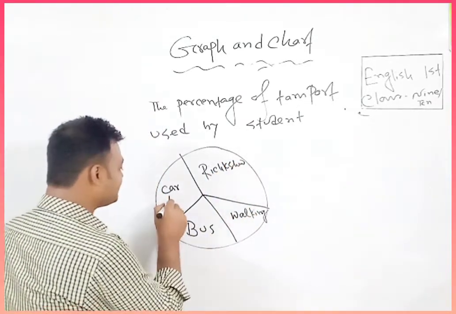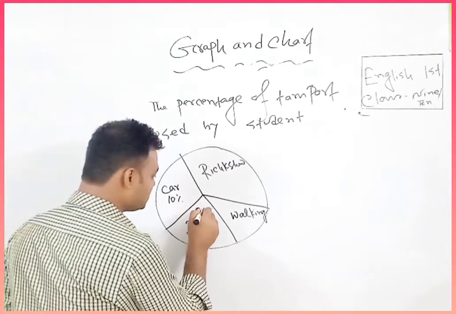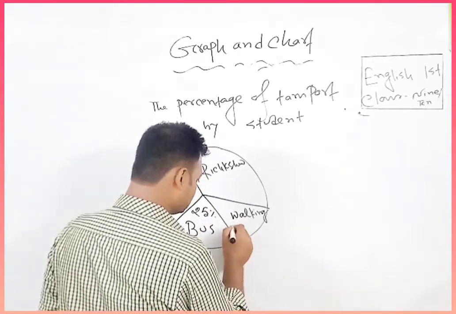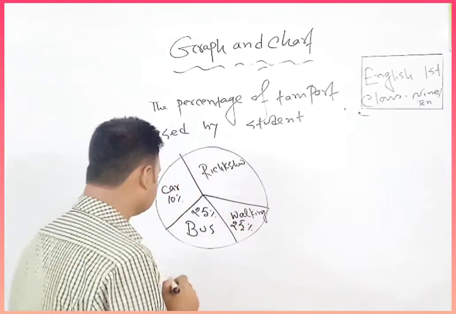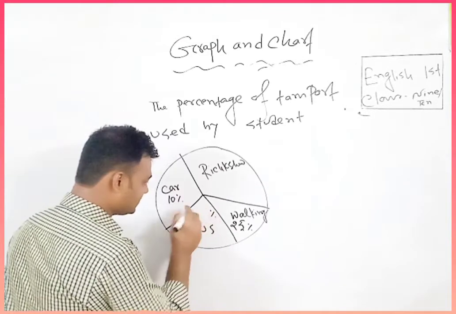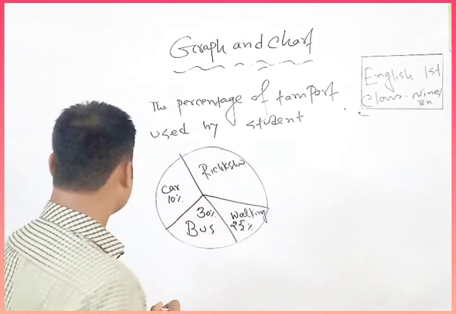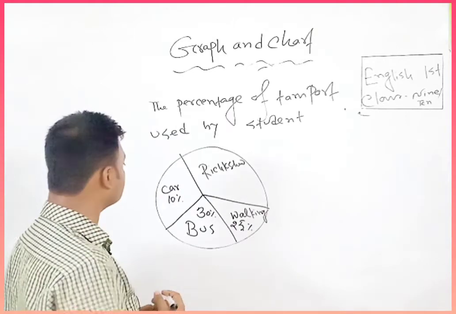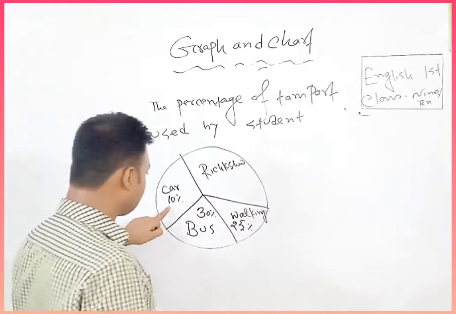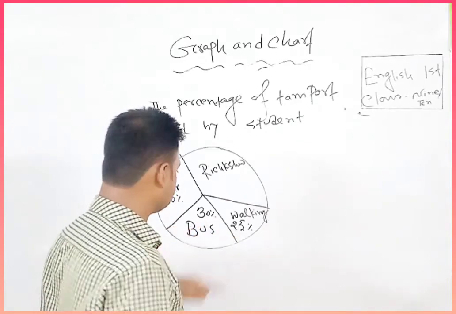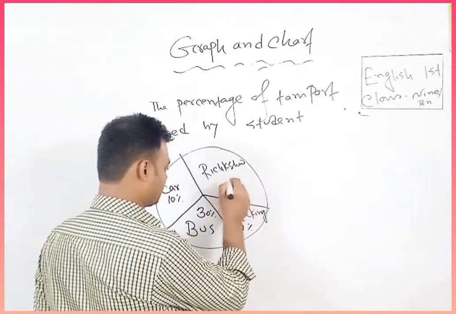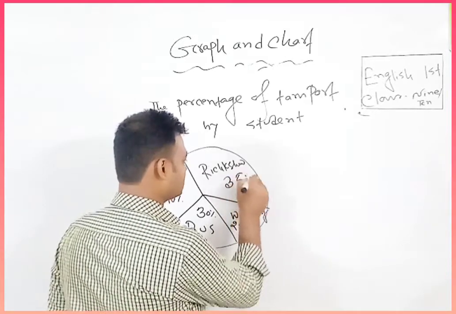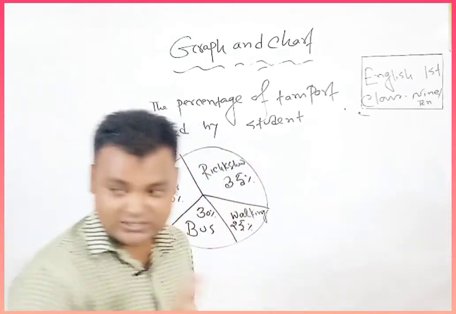Car 10%, bus 25%, walking 25%, then 30%. The rest of the students use rickshaw to go to school, which is 35%. So in this pie chart, this is not a graph chart, this is a pie chart.